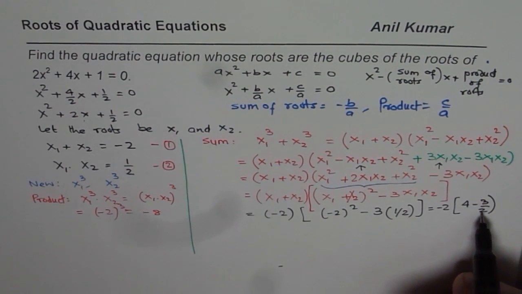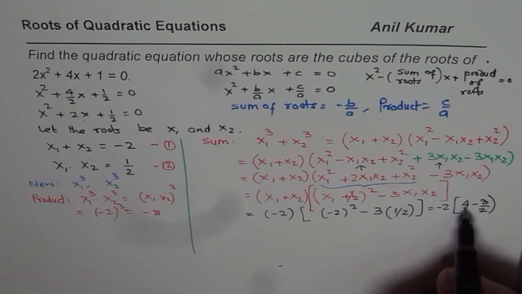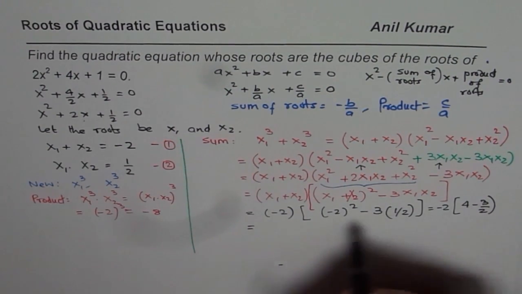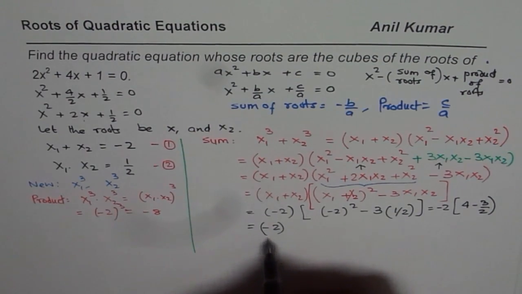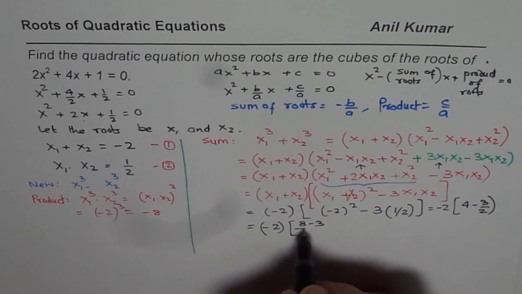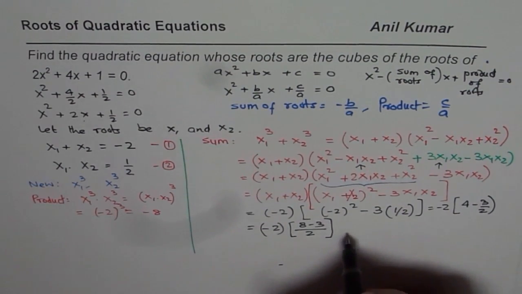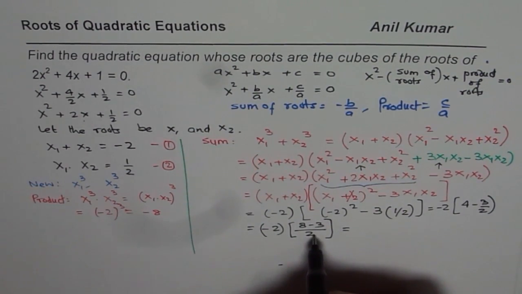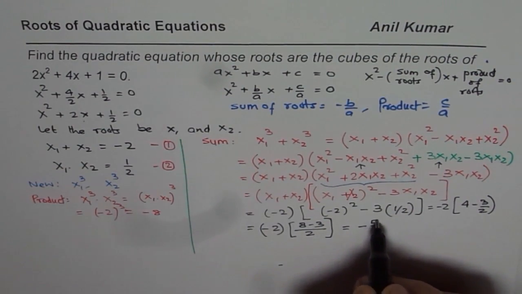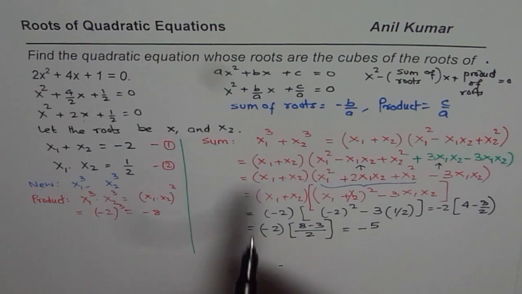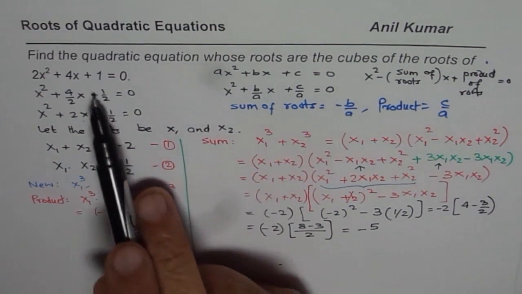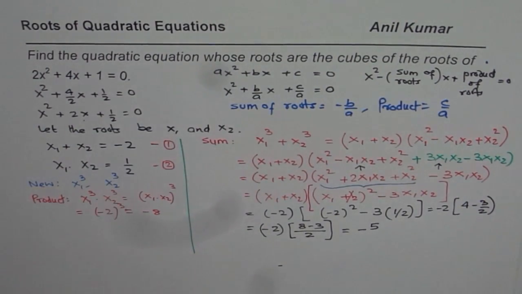So that gives you 4 times 2 is 8, 8 minus 3 is 5, right? So we get minus 2 times, within bracket, 8 minus 3 over 2. That is to say, the 2 and 2 will cancel with a minus sign, and 8 minus 3 is 5, so we get minus 5, correct? So the sum of the roots which are cubes of the original roots is minus 5.